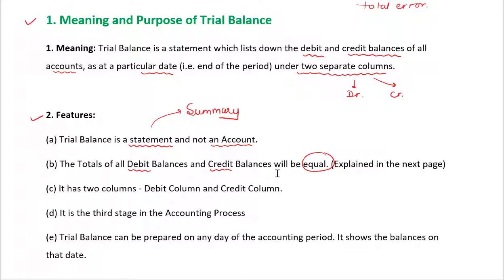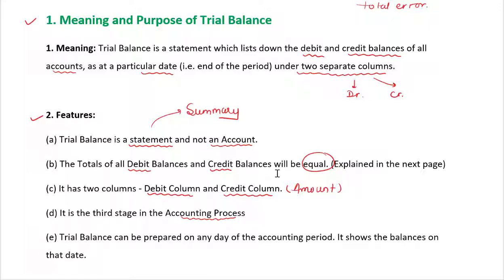Debit balances and credit balances should be equal. Next, it has two columns, that is one column is debit balance, another column is credit balance. These two are amount columns. In the third stage, it is a third stage of the accounting process. I think all of you are clear. The first stage is journalizing and the second stage is ledger posting.